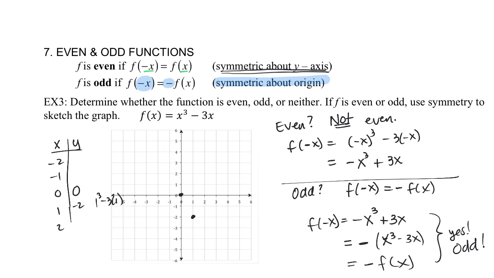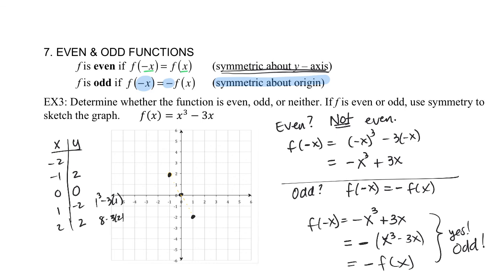Okay, now this is symmetric about the origin, so I'm going to have the same point reflected through the origin right here. Okay, so I'm using that symmetry. This one is going to be at positive 2. And let's see, this would be 2 cubed, which is 8 minus 3 times 2.